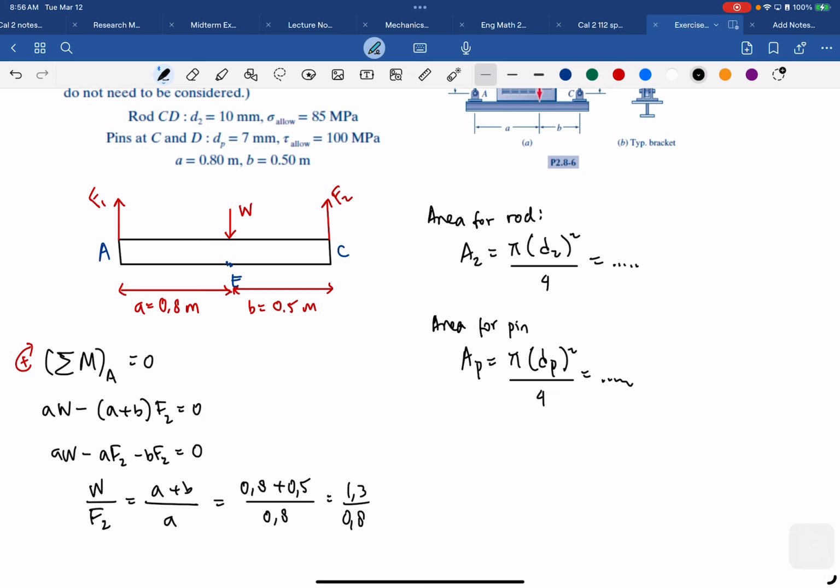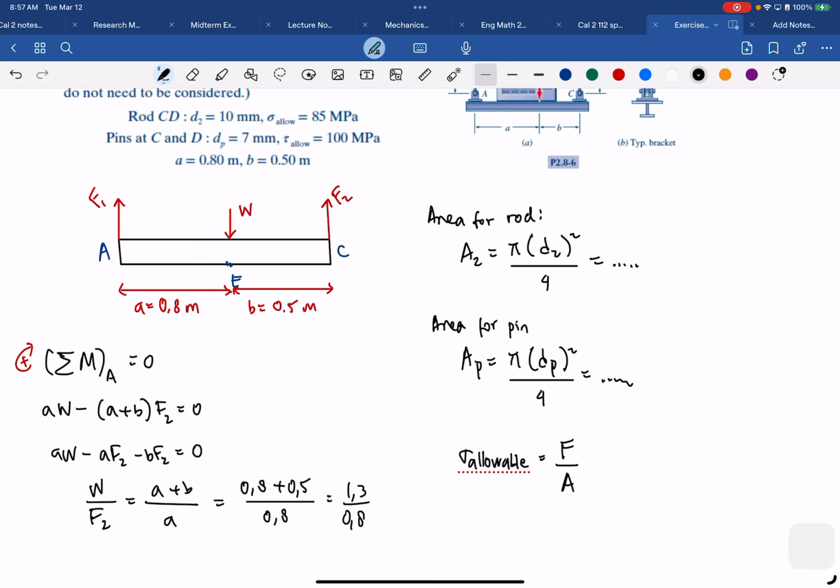And then we have the allowable stress, which is 85. So sigma allowable is going to be used by F over A, right?